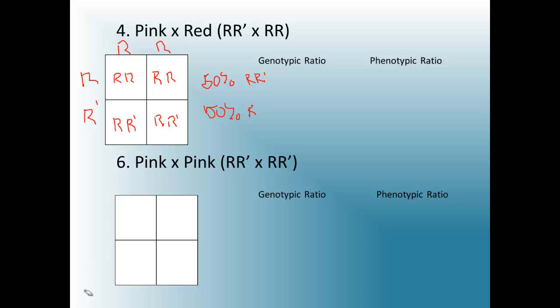I was doing the exact same example from before. Okay, so now that we've got that fixed, filling down, filling across, sorry. So then we would end up with 50% big R prime, big R prime, and 50% big R. Then in my phenotypic ratios, we would see 50% red and 50% pink.